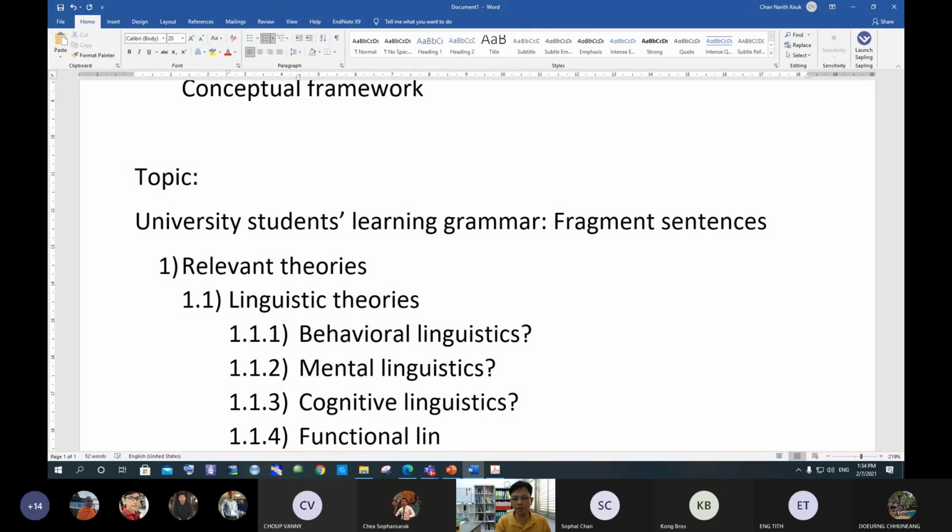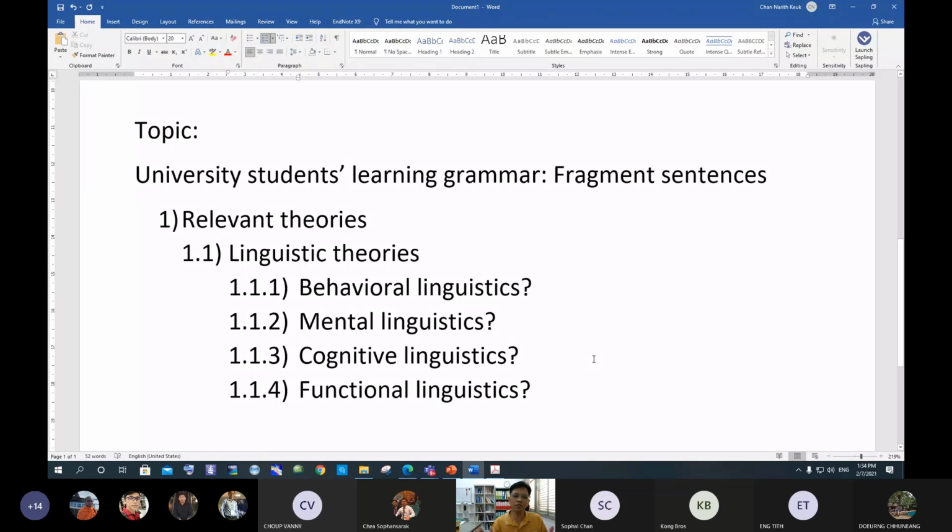Sorry, I don't have much time to go into details about each theory. You need to do more research on that. But I'm trying to highlight how I can elaborate all these theories into the research that I'm planning to work on here, university students learning grammar, fragment sentences.